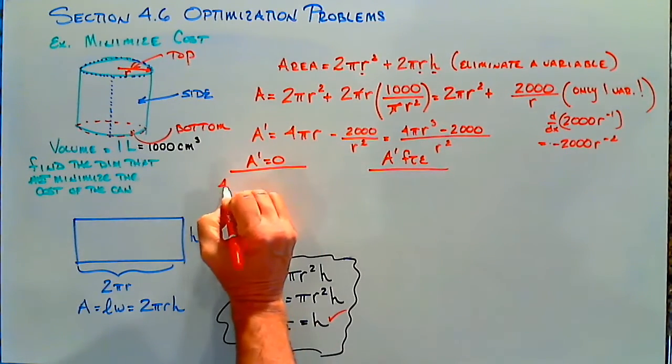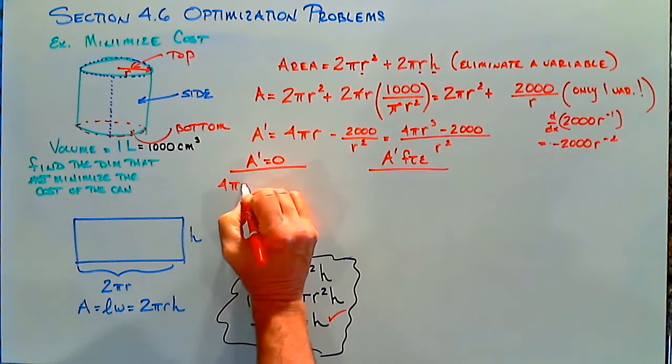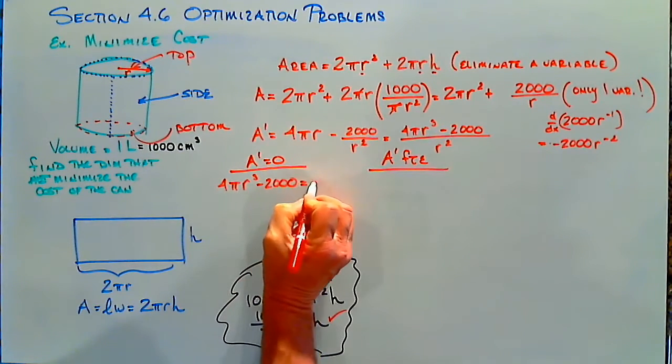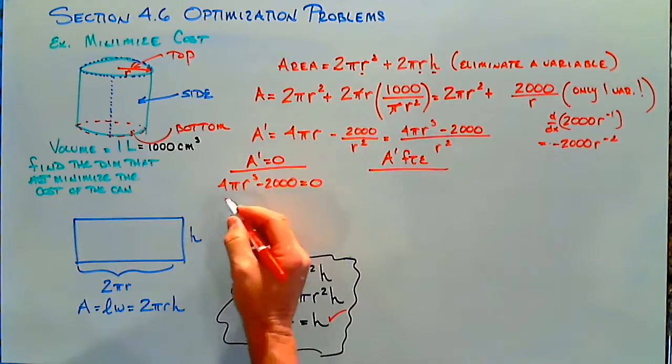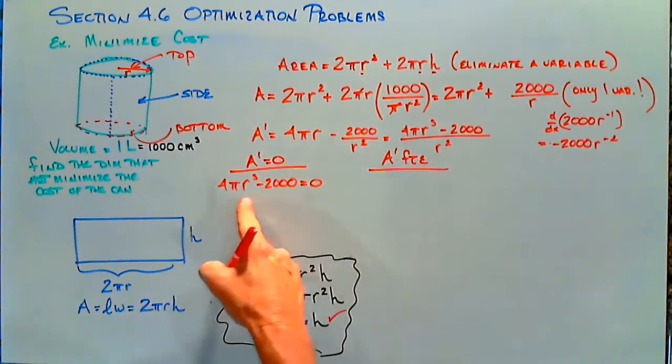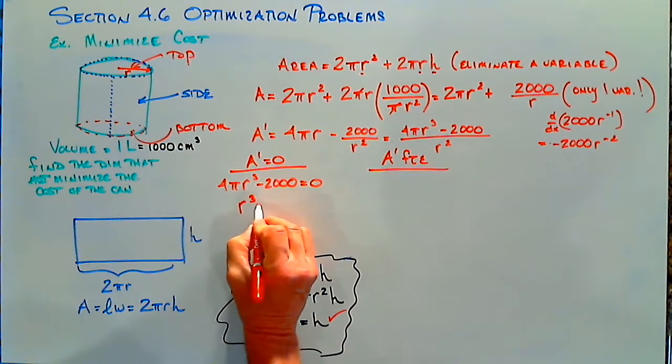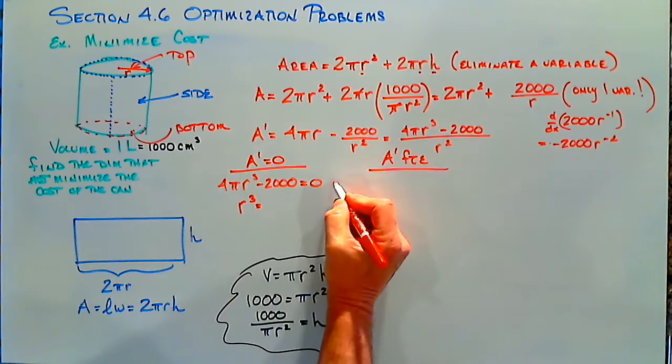So we can rewrite this as 4 pi r cubed minus 2,000 equals 0. If we move the 2,000 over here and divide it by 4, we would get, well, let's just do the whole thing at once. We would get r cubed equals, we've moved the 2,000 over here, it became positive 2,000.